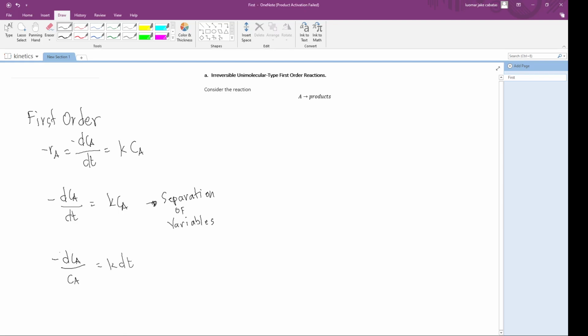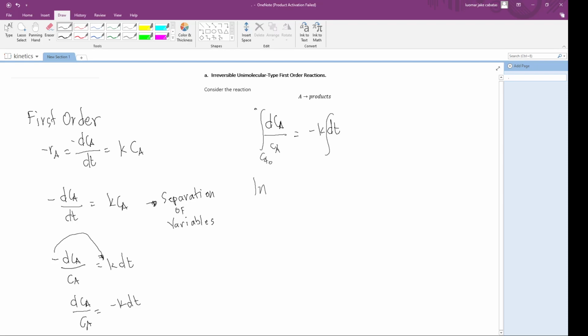k dt. We can transpose the negative 1 to this side. So we have dCA over CA is equals to negative k dt. After that, integrating, we forgot to put the limits.